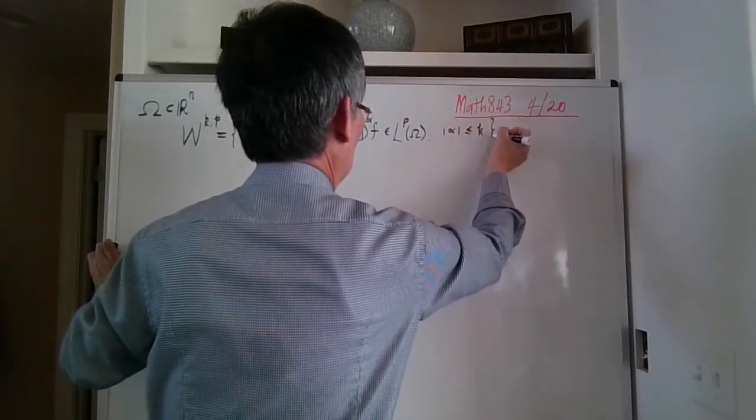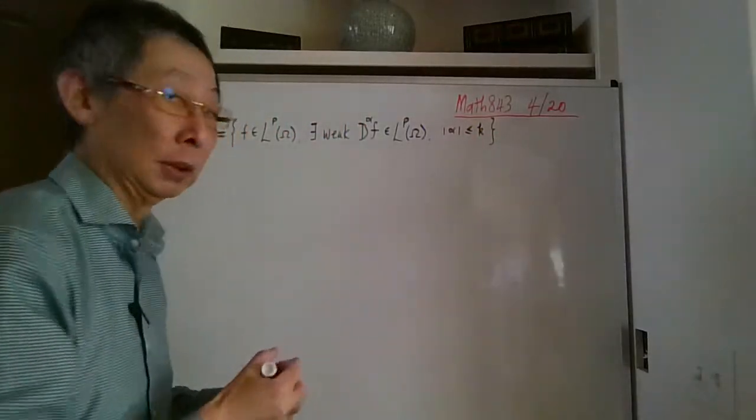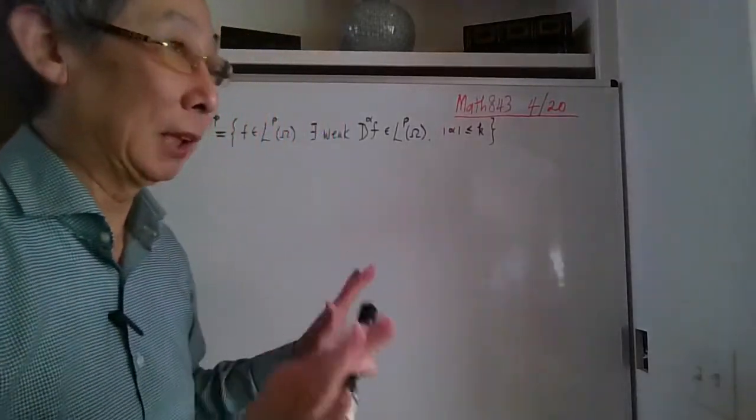So this is the Sobolev space W^{k,p} over the domain Omega. We're going to see an example later.